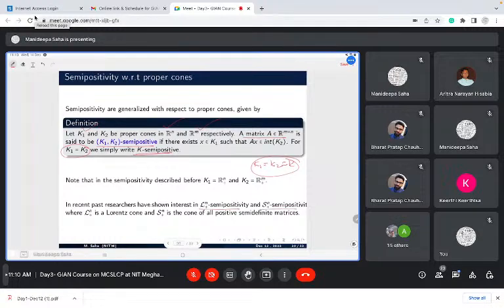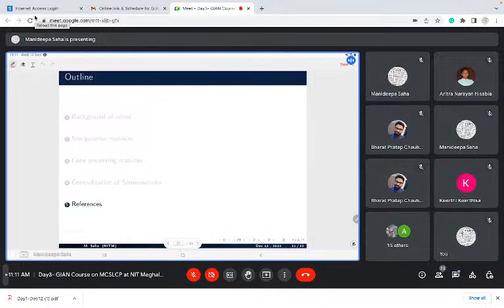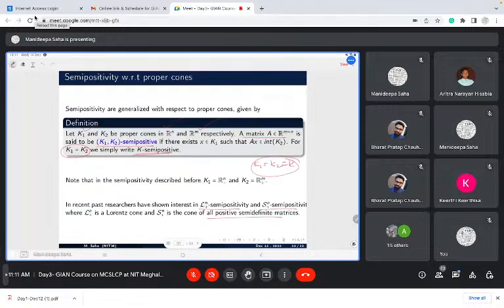Research is also going on for S^n plus semi-positivity, where S^n plus is the cone of all positive semi-definite matrices. These are some ideas where we can generalize the concept of semi-positivity in terms of cones.